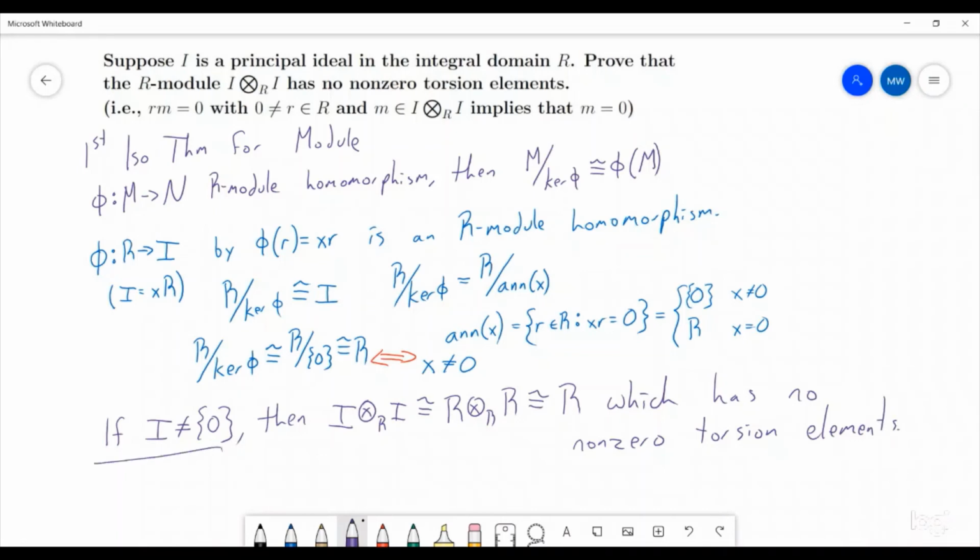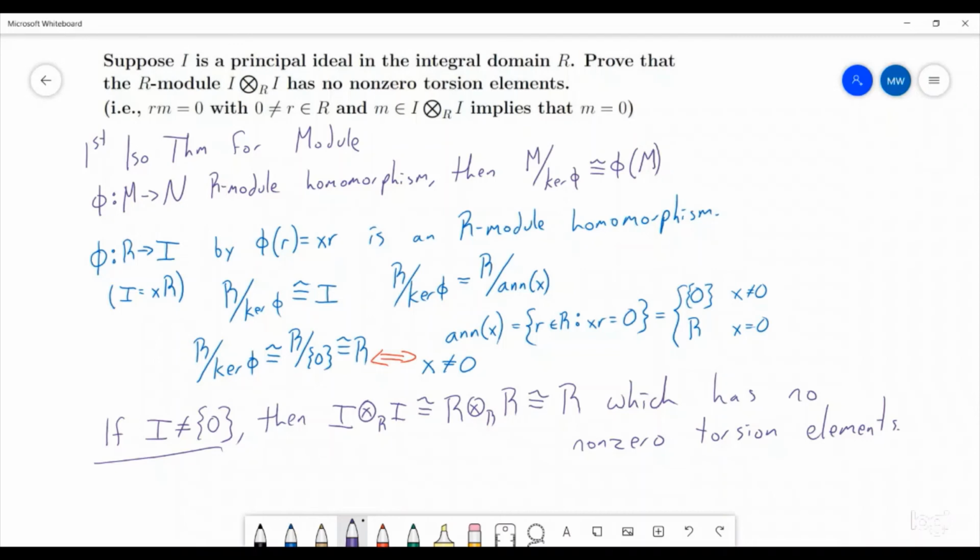And I'm assuming that this is a non-zero principal ideal, because if we are the 0 principal ideal, then the only element is 0, and so again we're going to be done.